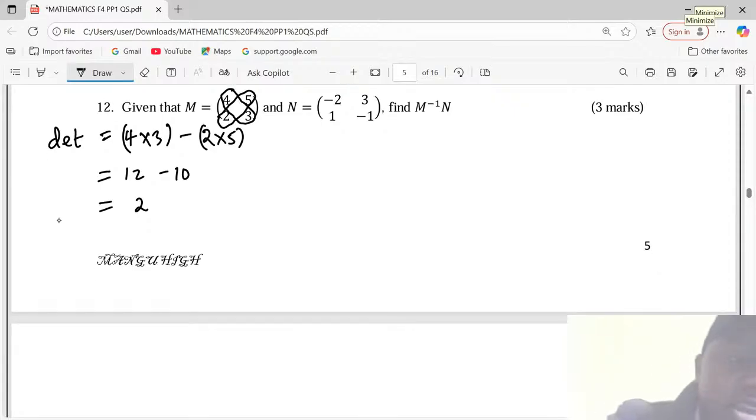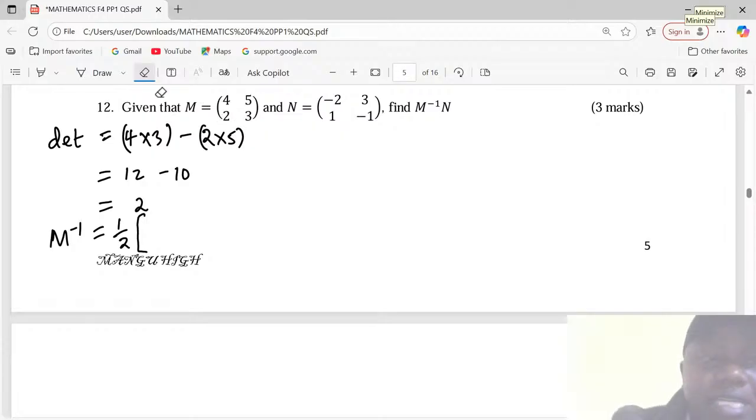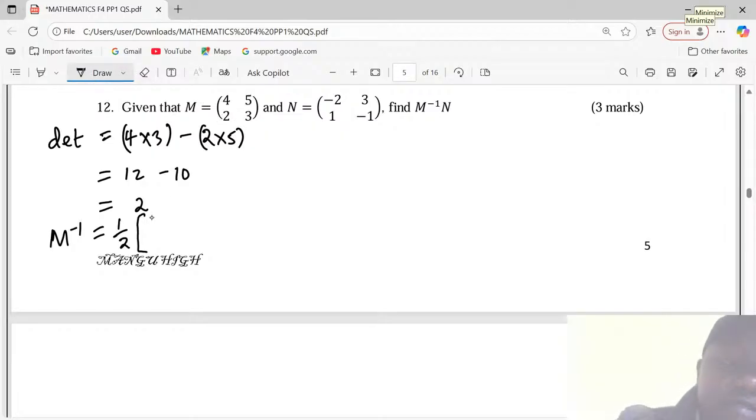Now, for us to get the inverse of M, we are supposed to divide by 2. We divide by 2 the elements inside that matrix, such that first, in the main diagonal, 3 and 4 interchange positions. Then in the other diagonal, the elements change their sign.